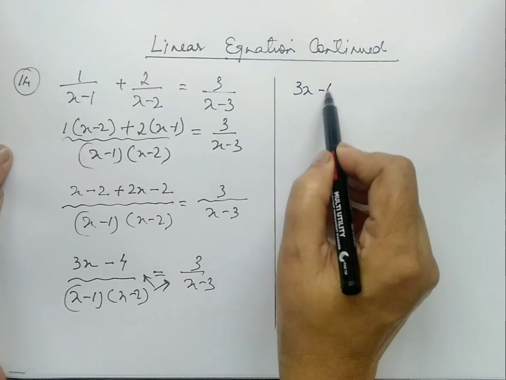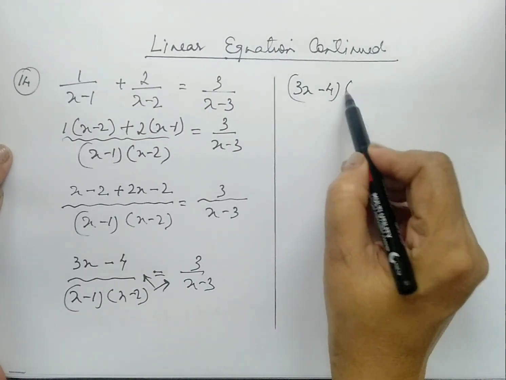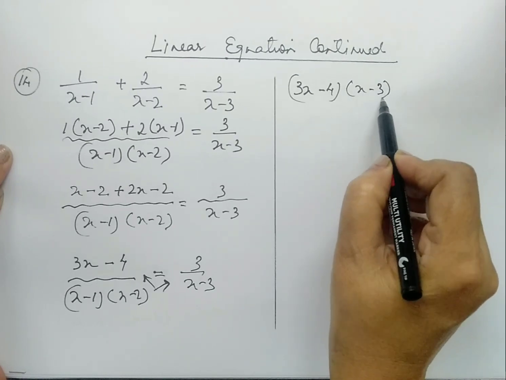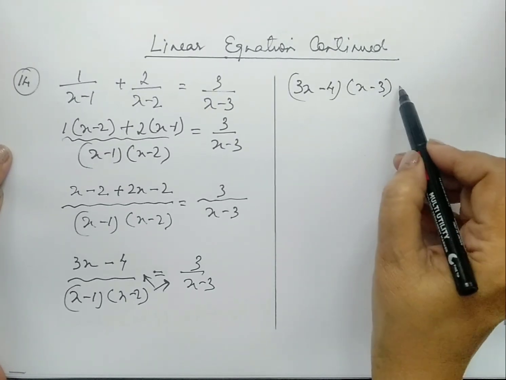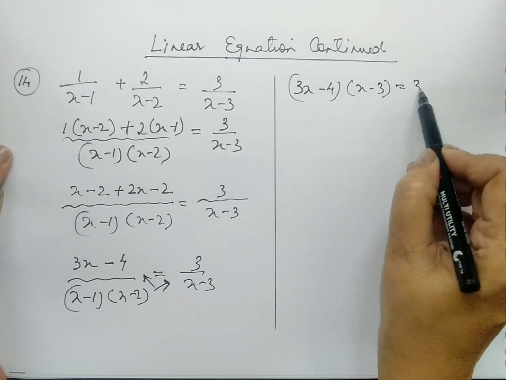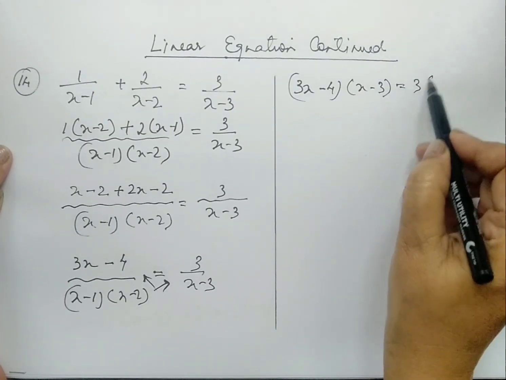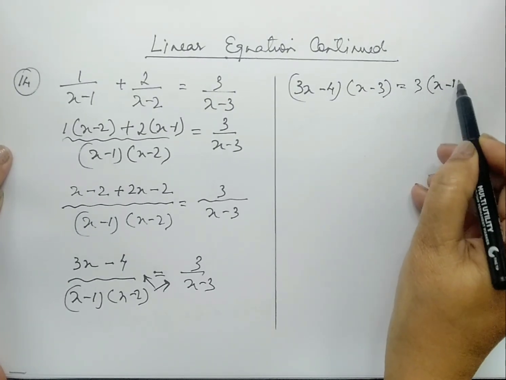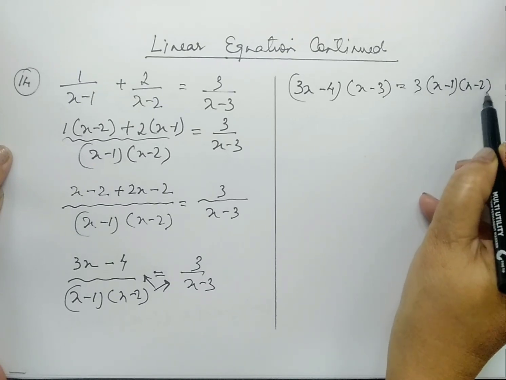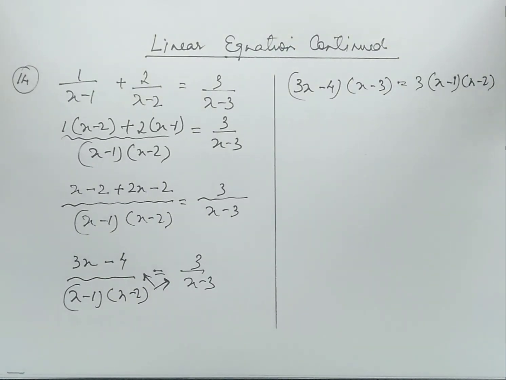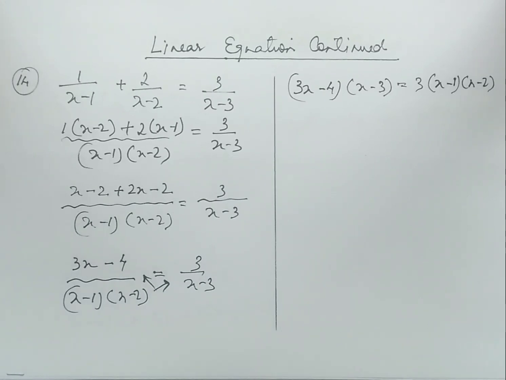So 3x minus 4 multiplied by x minus 3, and we have 3 already sitting over here, and x minus 1 and x minus 2. Alright guys, understood so far?